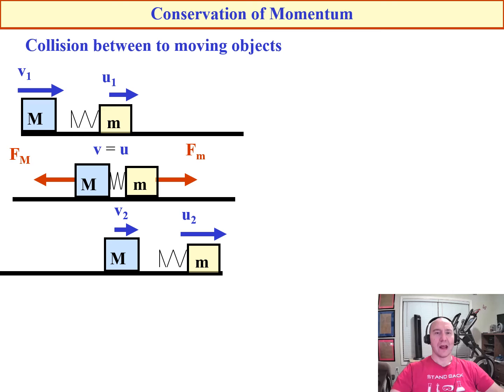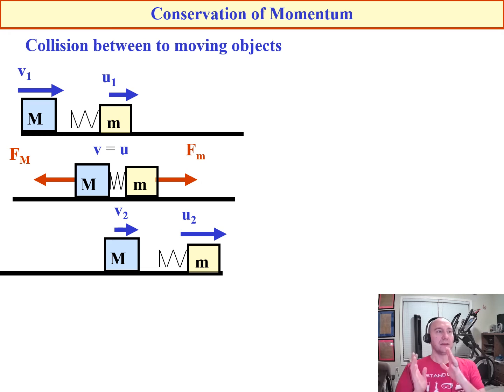Okay, so while they're in contact with each other, notice that Newton's third law is taking effect, which means that large M is applying a force on small m, and small m is applying a force on large M, and they're both going to be equal and opposite.